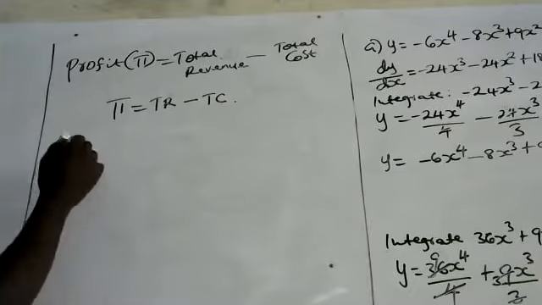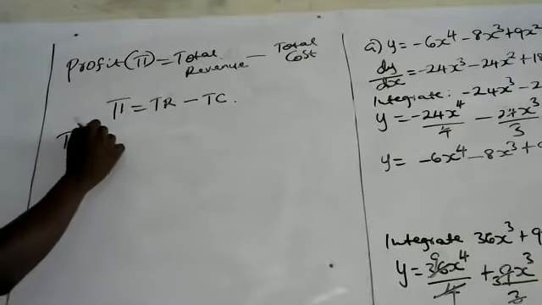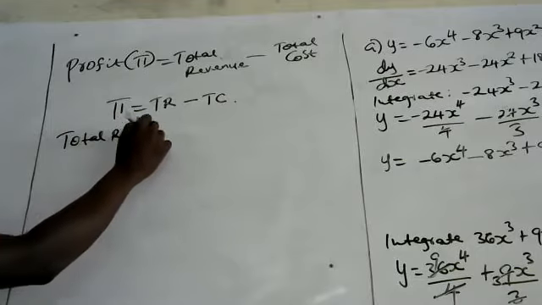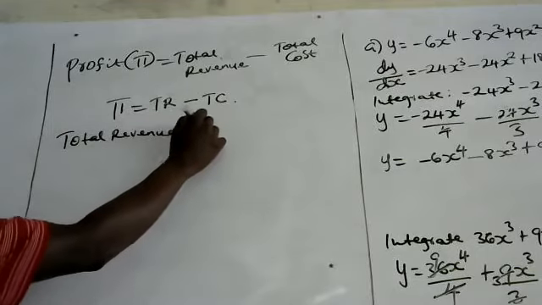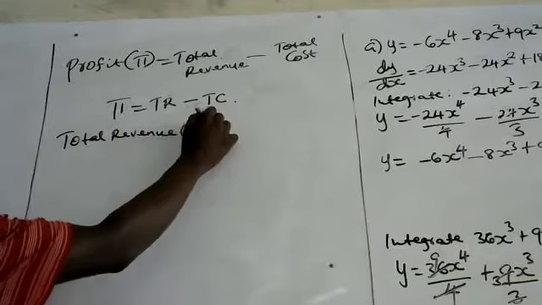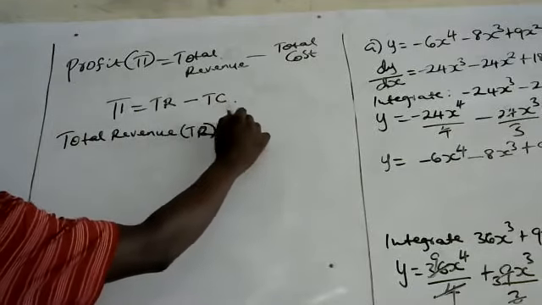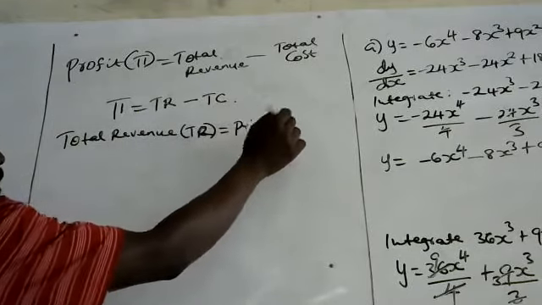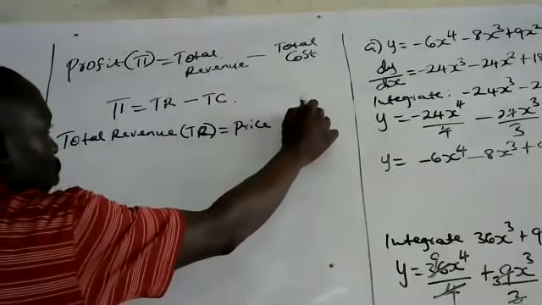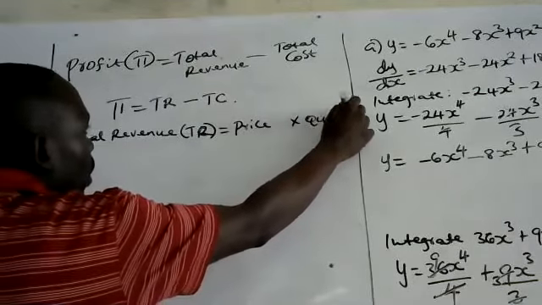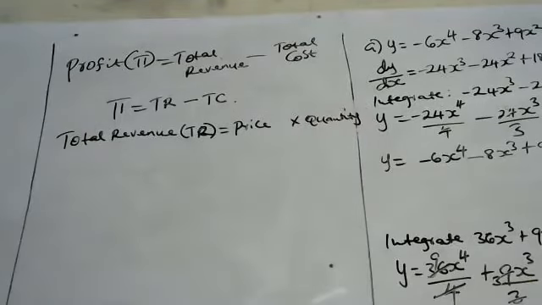Then you say this total revenue, or TR, is given by price times quantity. The total revenue that you are going to earn in your business is the price times the quantity.